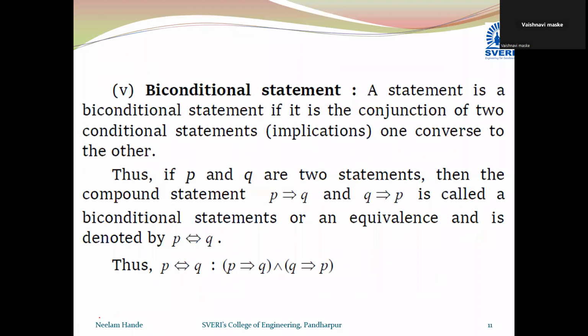So here it is given, the biconditional statement. If P and Q are two statements, these are compound statements, obviously. So P double implication Q means if and only if.